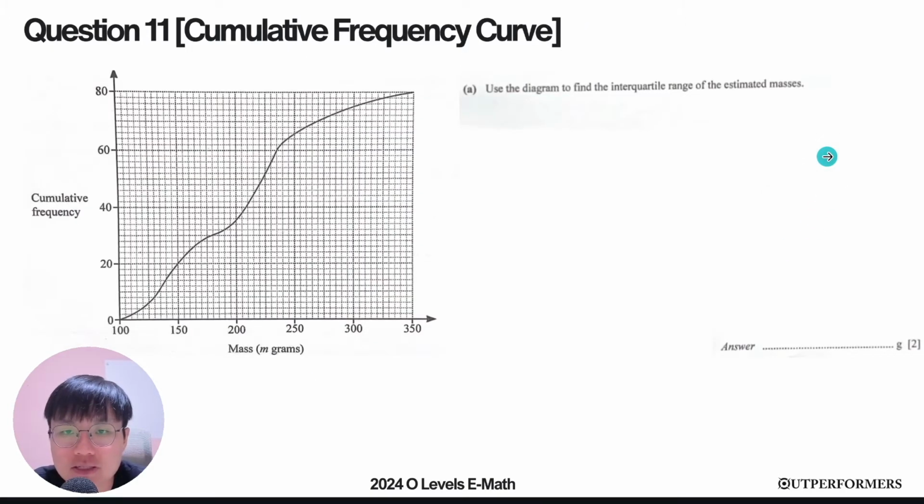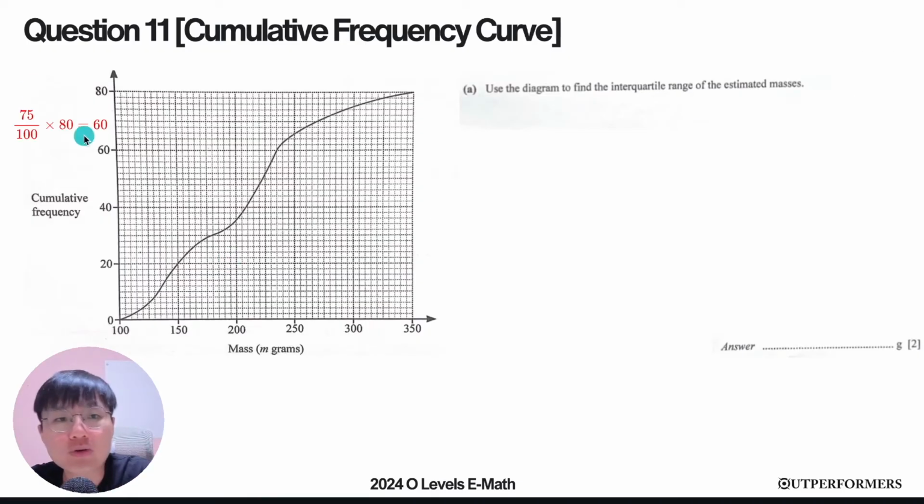So let's take a look at what the question is first asking. Part A says, use the diagram to find the interquartile range. Interquartile range is equal to upper quartile minus lower quartile. In order for you to find the upper quartile, as we have gone through in the earlier question, the upper quartile is 75% of the frequency.